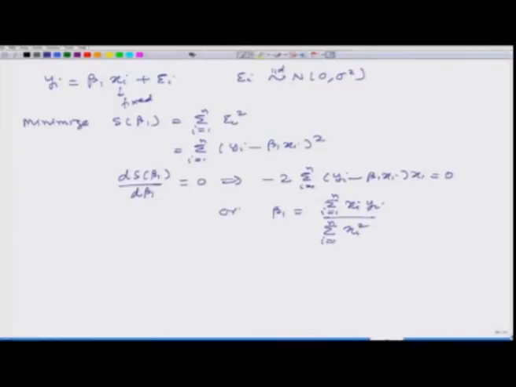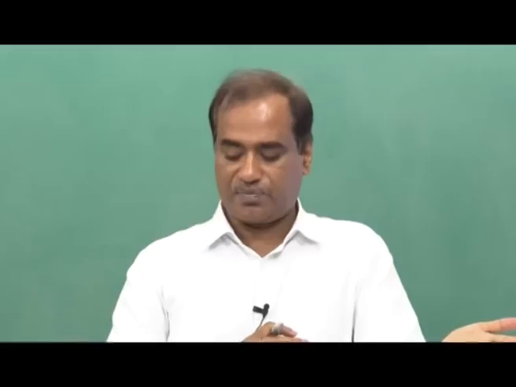So, this is an estimator of beta 1. I can denote it as beta 1 star hat. I am using the star notation just to distinguish it from the beta 1 hat that was obtained in a model with an intercept term.